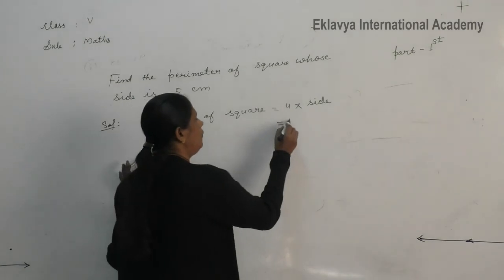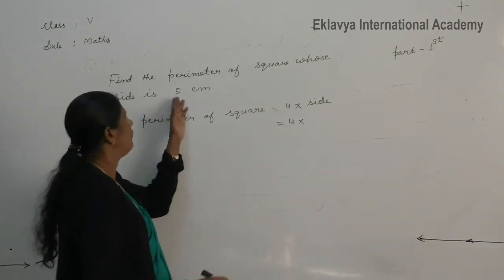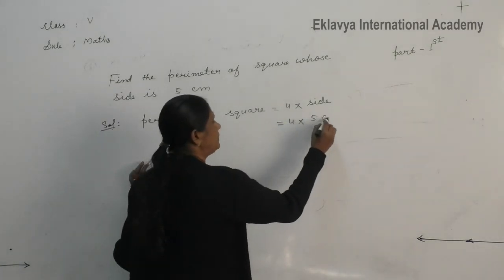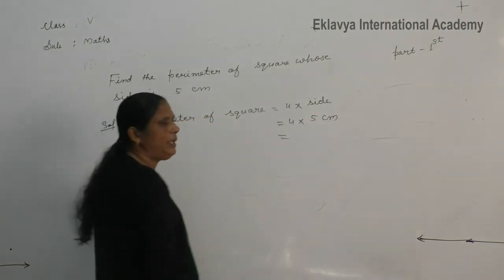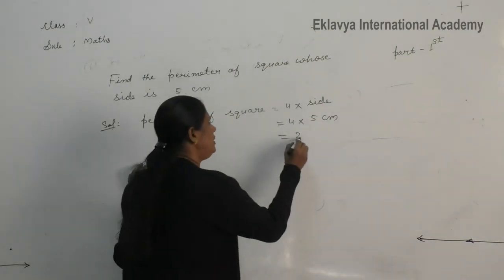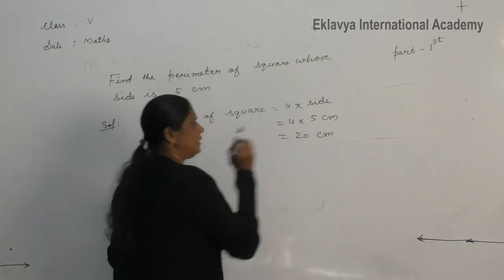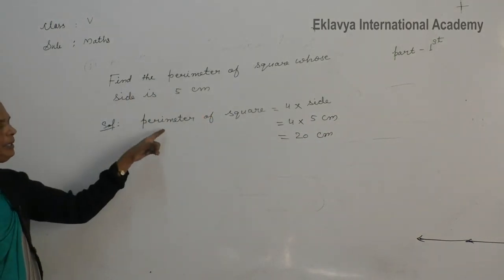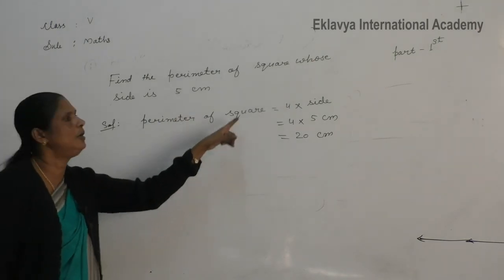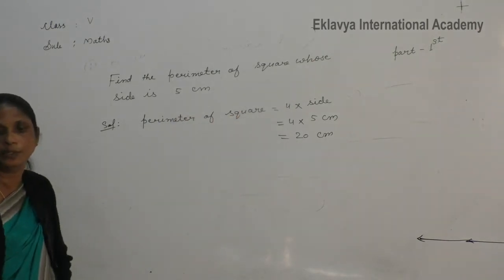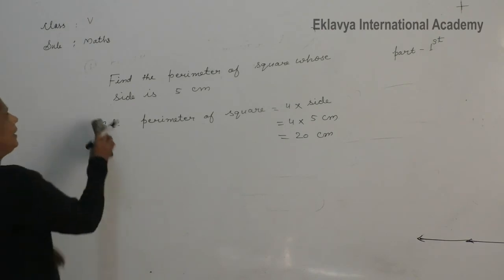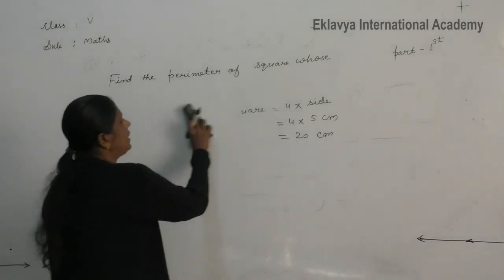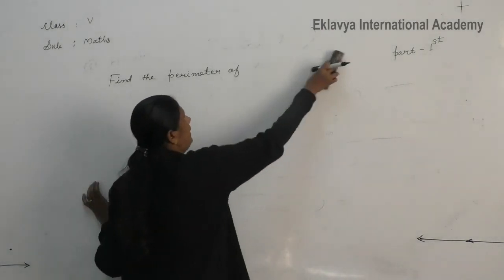Here 4 multiply 5 centimeter, then 4 fives are 20 centimeter. Understand you? Perimeter of square is equal to 4 multiply side. You learn the formulas.